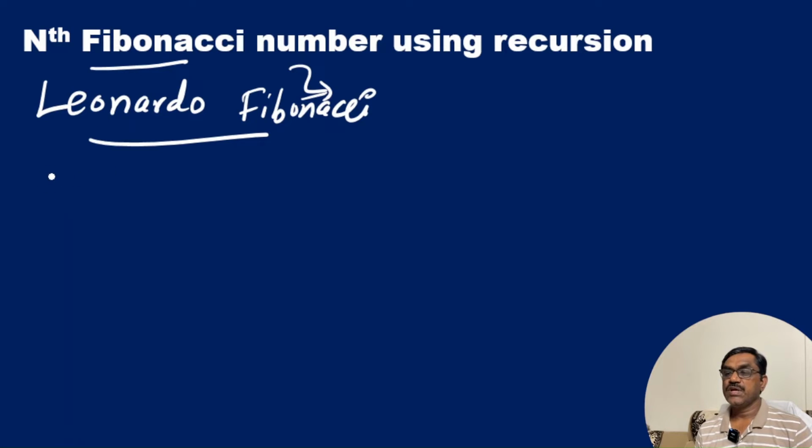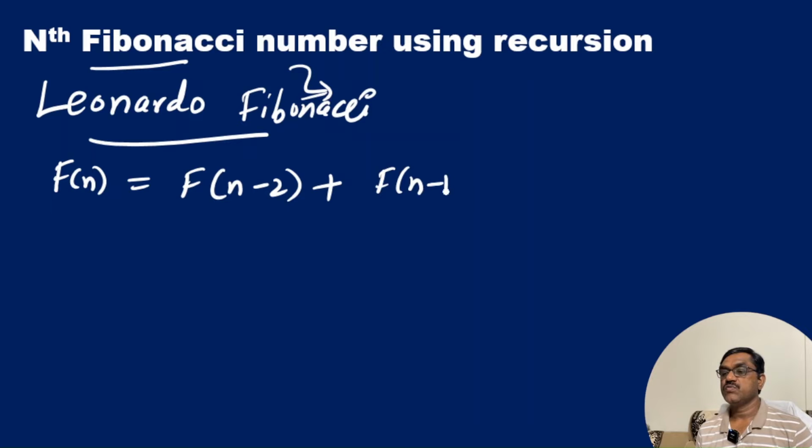actually, the Fibonacci series is given by the equation f of n equals f of n minus 2 plus f of n minus 1. I'm going to use a user-defined function. The name of the user-defined function is fib.